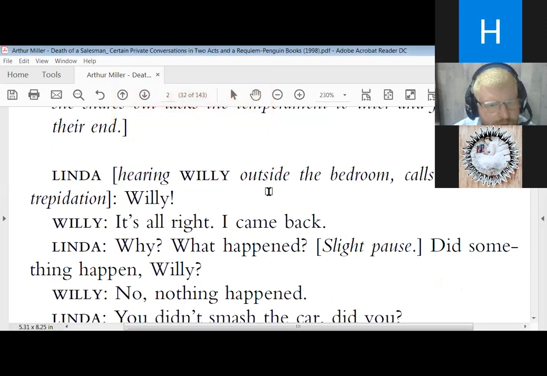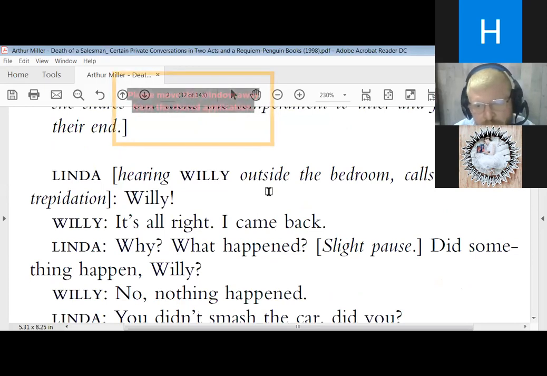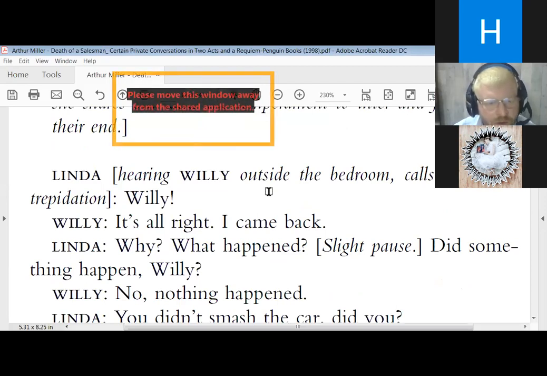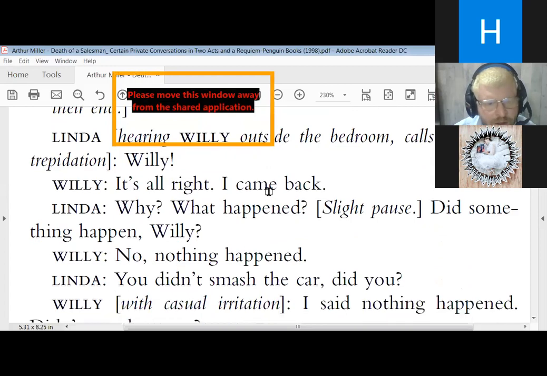Okay, so Linda was hearing Willy outside the bedroom, calls with some trepidation. She is worried. "Willy, it's all right, I came back." "Why? What happened?" So she feels that something has happened to him. And this is part of the chemistry between them.